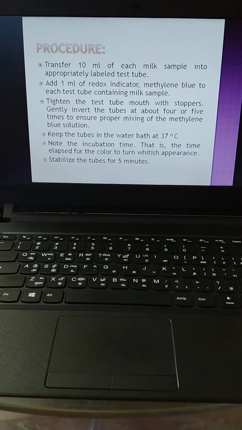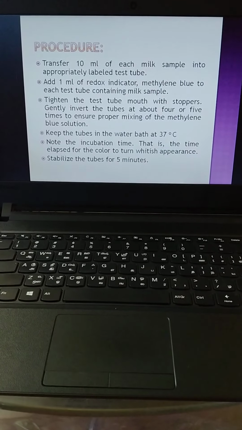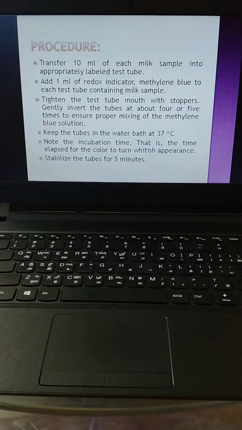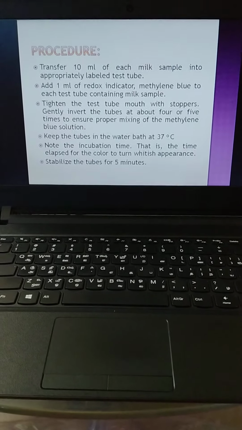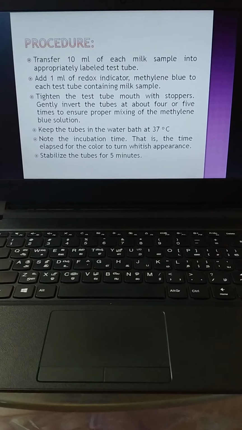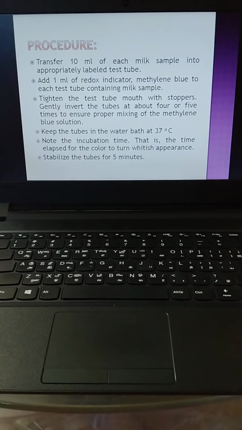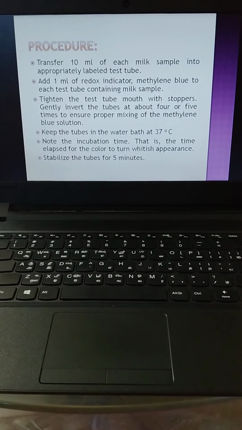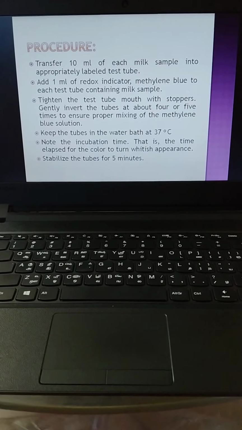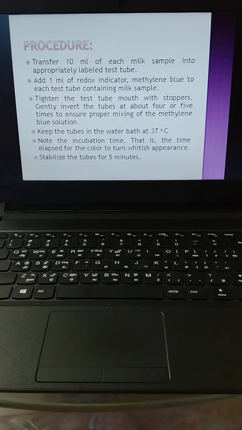That is, we take different milk samples, and from each we take 10 ml with the help of a pipette and fill it in a test tube, labeling the test tube depending upon the different milk samples we have taken. To each of these milk samples we add 1 ml of the redox indicator, which is used for carrying out the test.